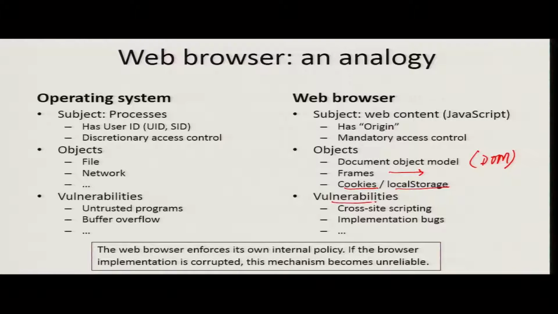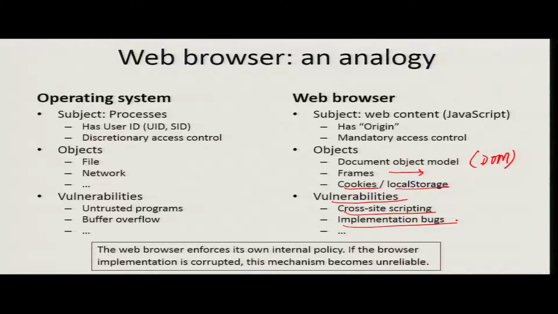The vulnerabilities in the web are of various types. Depending on what you have brought in, you might have some exploits built into the document that you brought into your browser, for example cross-site scripting, implementation bugs, and so on and so forth.